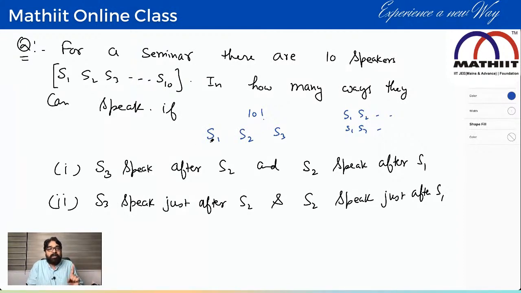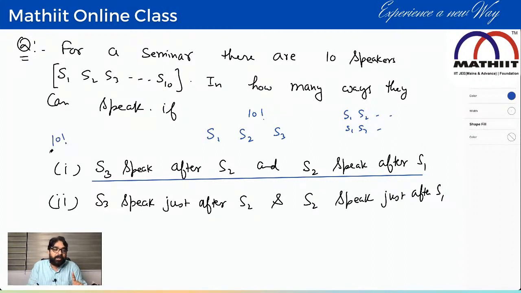Because I want S1 to speak, after that S2, not necessarily just after. Anytime. Maybe just after, maybe after a few people. So the order of S1, S2, S3 is not changing. Have you understood the meaning of the first bit? The order of S1, S2, S3 should not change. That means the first bit answer will be 10 factorial by 3 factorial. I hope it's clear to everybody.